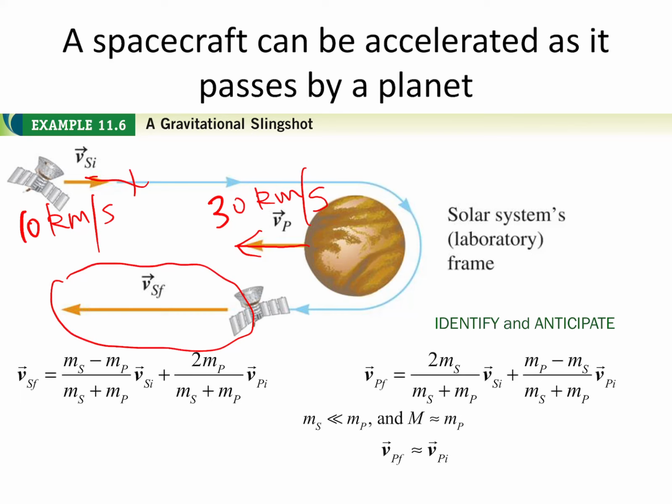And this can be regarded as a collision problem because there's no external force. The only force that matters is the gravitational force between those two, an internal force. So we can use momentum conservation to solve this kind of collision problem.